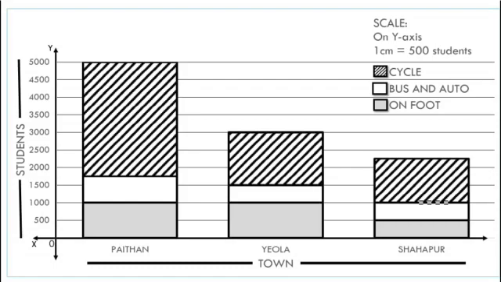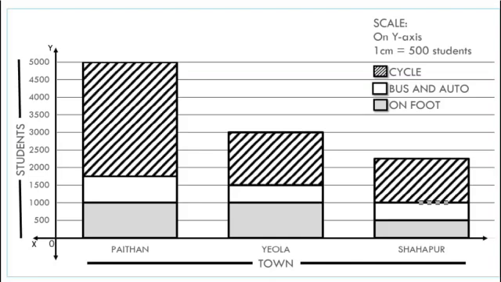Children, let's see the steps for drawing a subdivided bar graph with the help of the data of the transport means used by the students of standard 8th for communication between home and school that was given in our previous slide. First you have to draw the x-axis and y-axis on a graph paper.